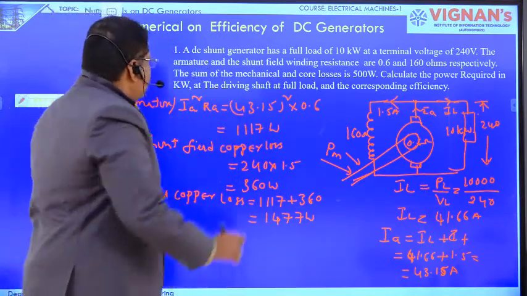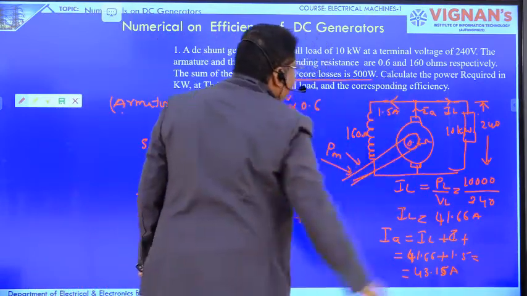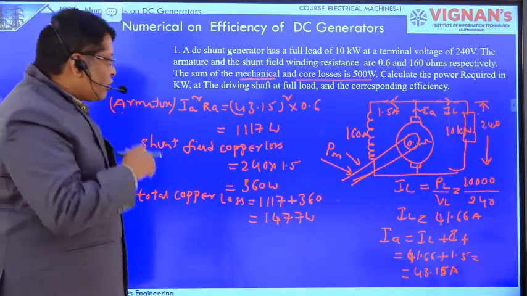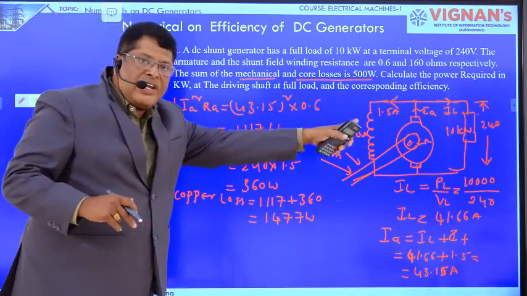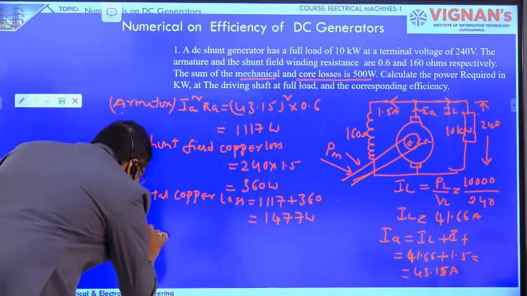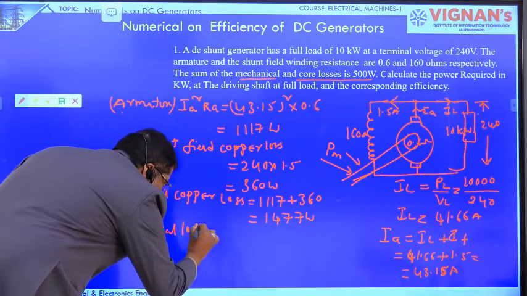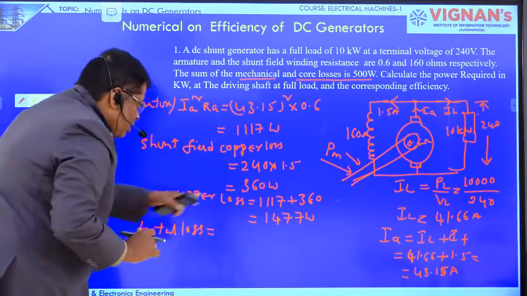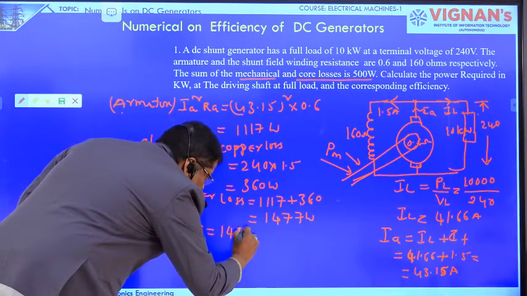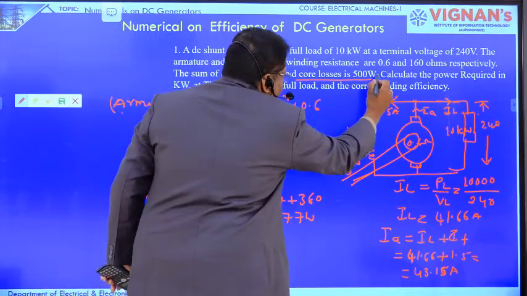Now the sum of mechanical losses and core losses is given. So the total losses in the machine at this value of load equal the total copper loss 1477 plus 500.